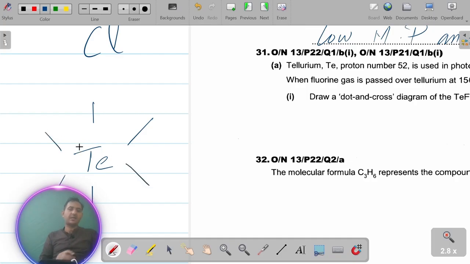When you have 6 things surrounding a central metal, you should draw in such a way. Now fluorine is here, another fluorine, fluorine, and fluorine. So the diagram is octahedral. When there are six surrounding elements around the central element, it is octahedral.